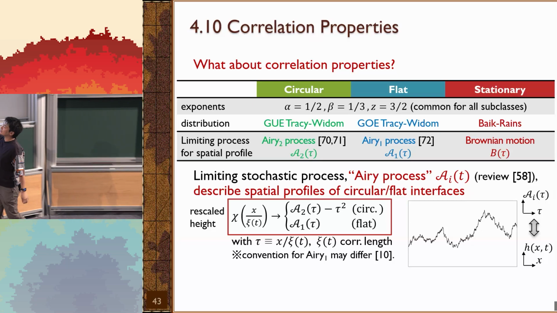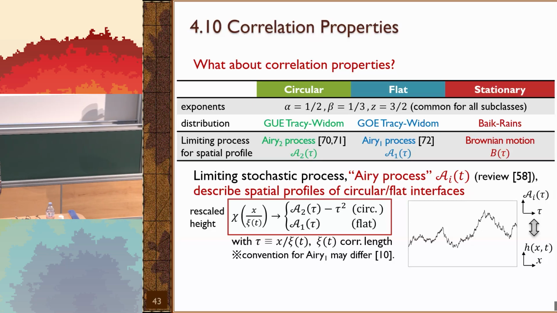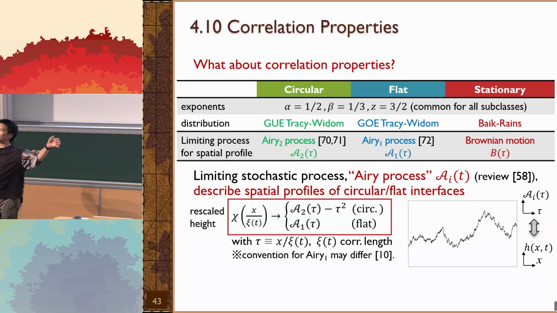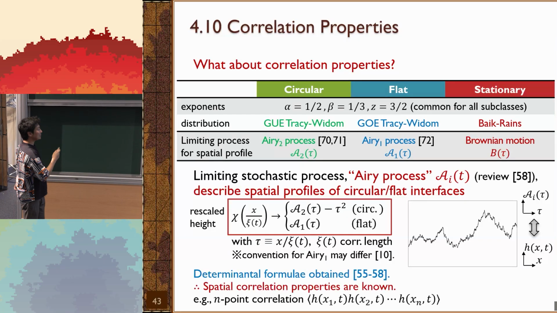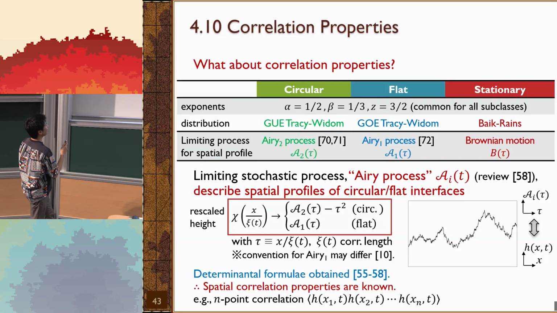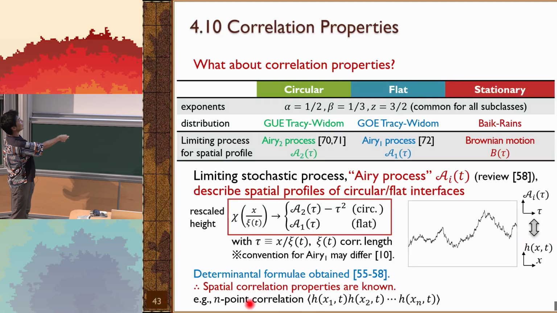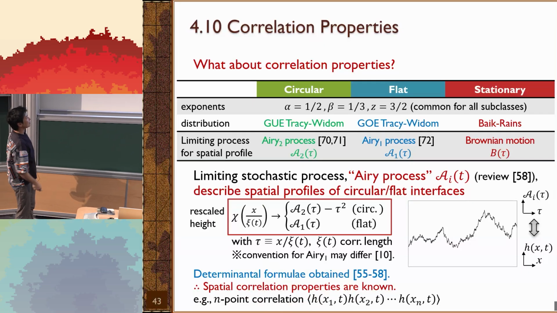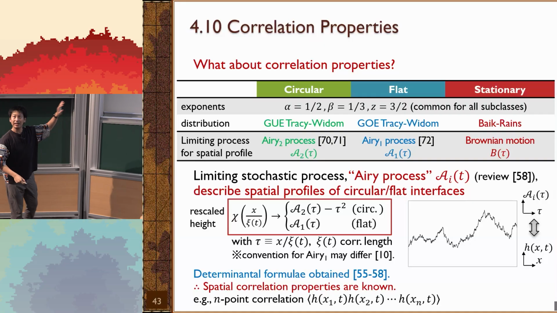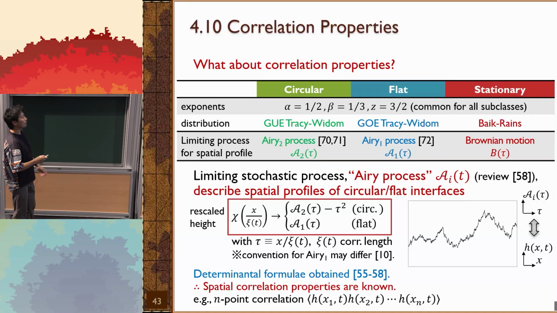OK, so this Airy process contains the full information of the spatial correlation properties. So we want to know what kind of object it is. There are determinant formulae for Airy 1 and Airy 2 processes, so if you are interested, you can see the explicit mathematical formulae.